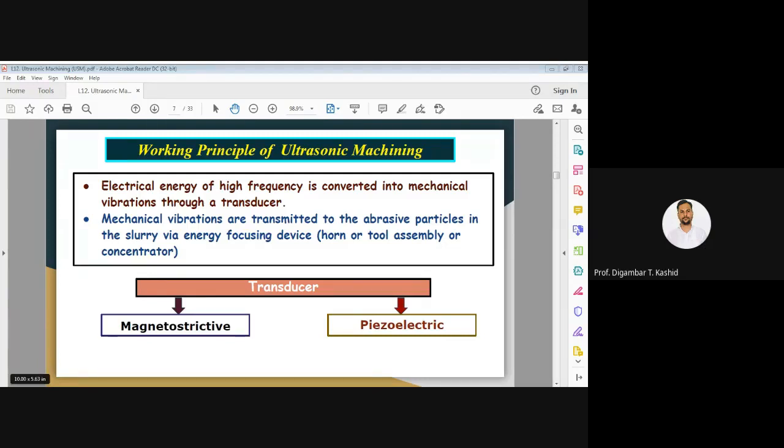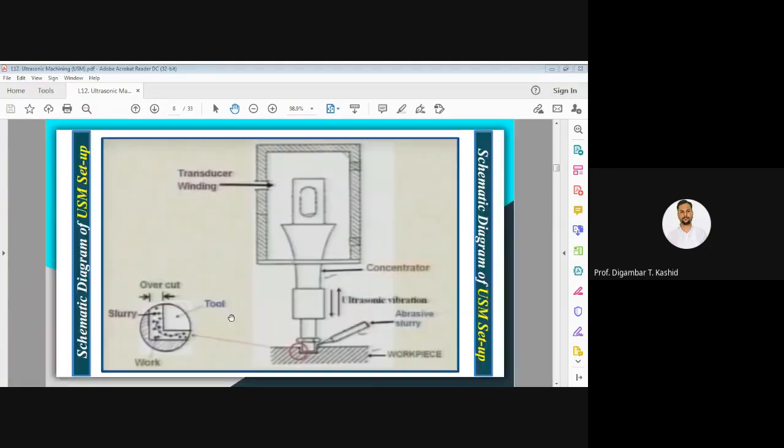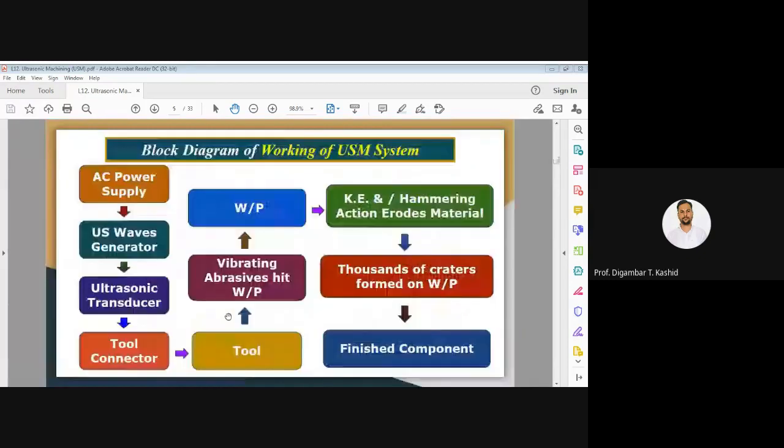Understood? Now, I will give 2 minutes to draw this diagram. You can draw this block diagram as well as this one. Firstly, I will give time to draw this block diagram.